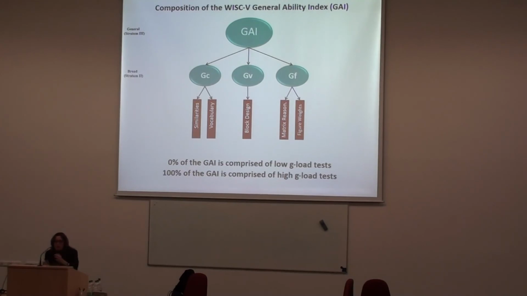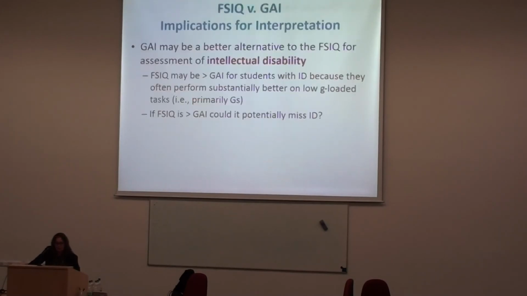So when you're right around 70, you're going to have to make a distinction between your full-scale IQ and your General Ability Index. And if we're talking about intellectual disability, you really want to look at this score, because this score is about higher level thinking and reasoning. And probably we'll do a better job of determining that.